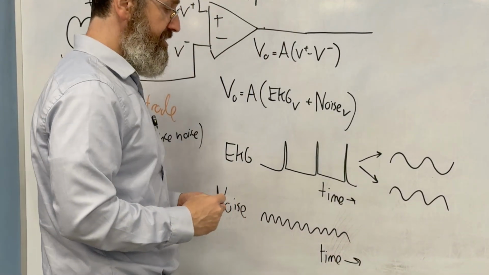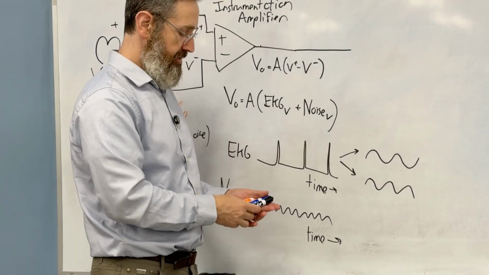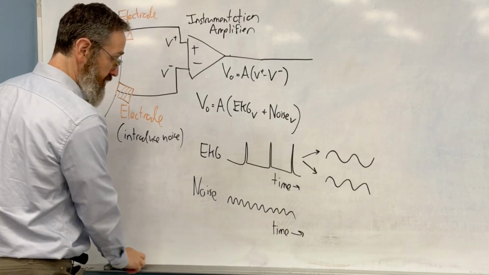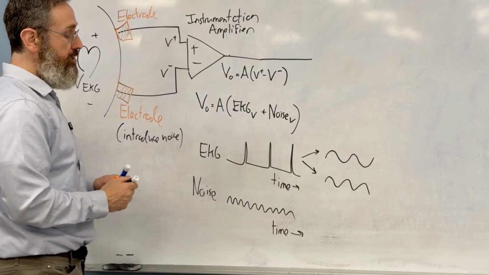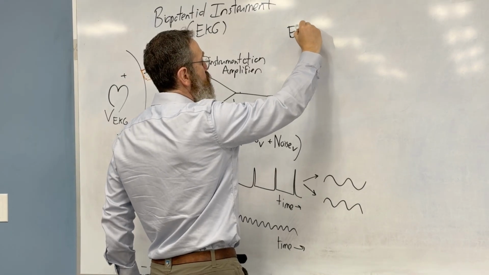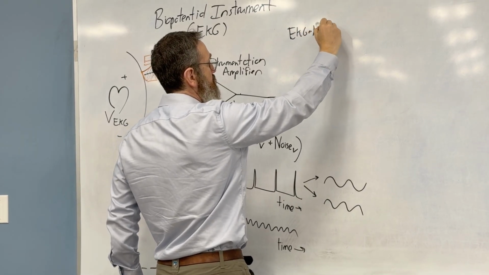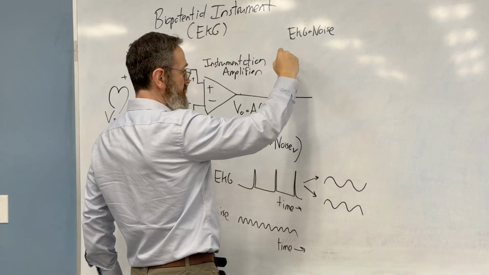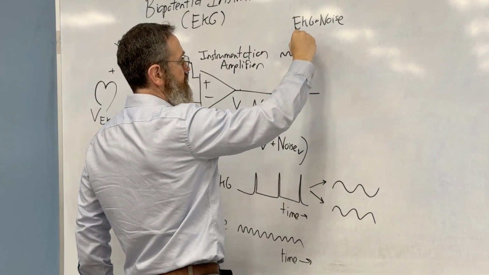We can represent both of these in the frequency domain. But before I do that, the combination of EKG plus noise is the summation of these, which might look something like the way I've drawn it here.